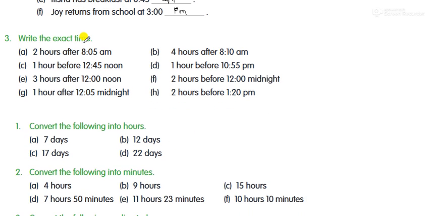Write the exact time here. Here the part A is 2 hours after 8:05 AM. So 11:45, it's AM.